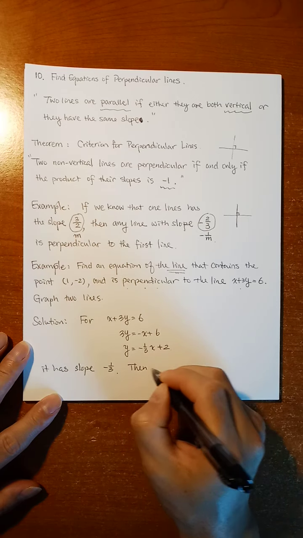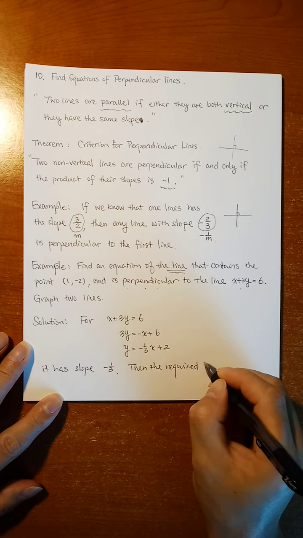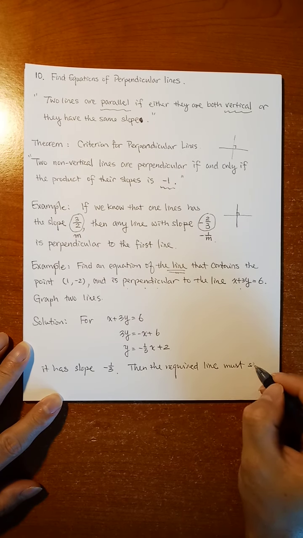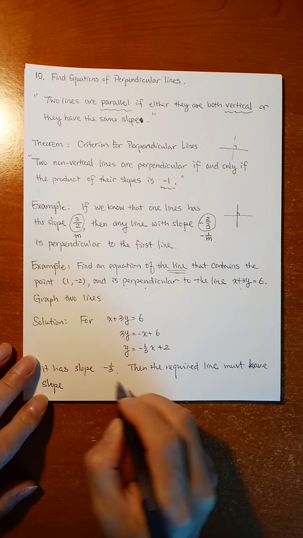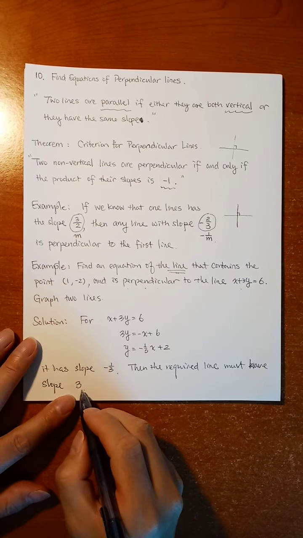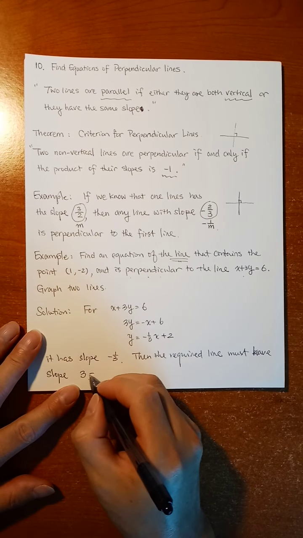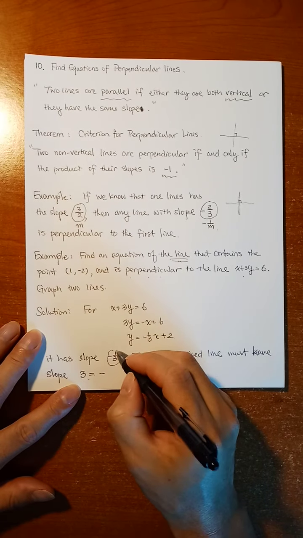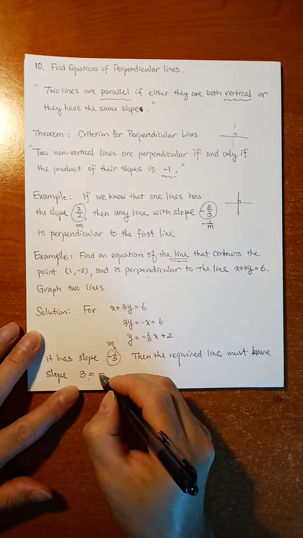Then the required line must have slope +3. How do I get a +3? When you get m, you will get -1 over m.